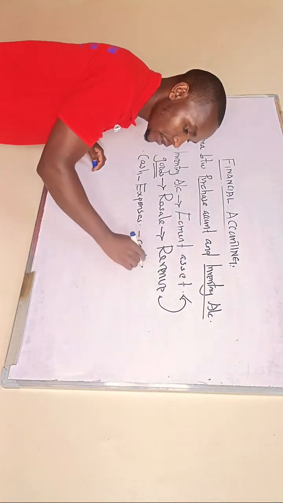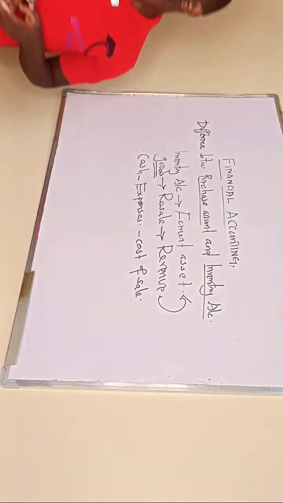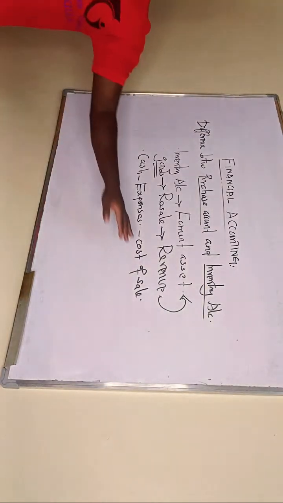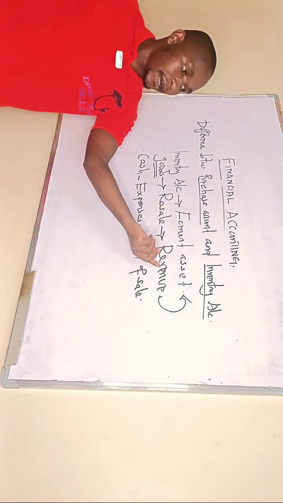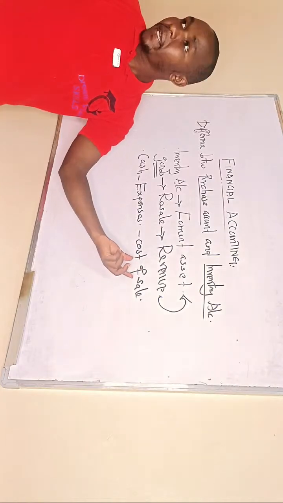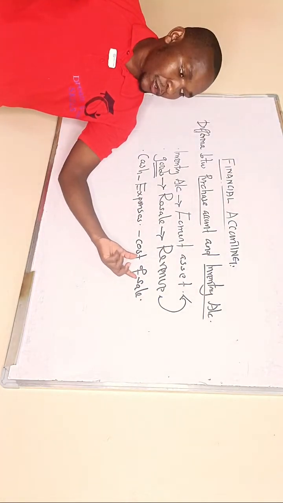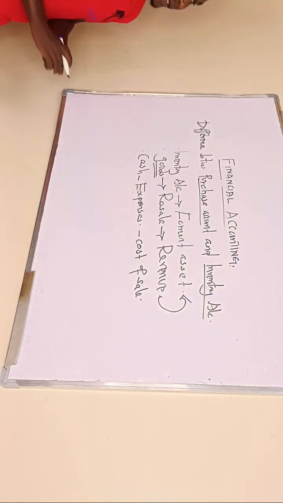The cost of sales. So this is the cost we incur when selling. So for us to get this revenue, we incur certain expenses. These expenses, we call it the cost of sales, and that cost of sales is what is called the purchases.